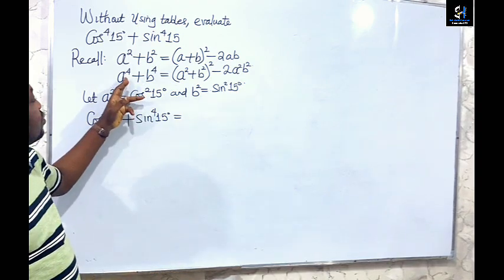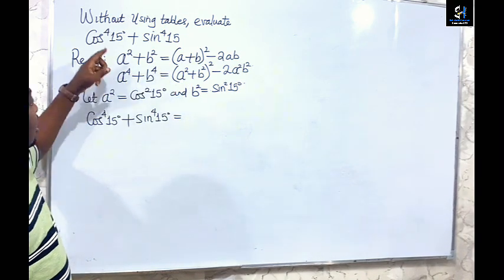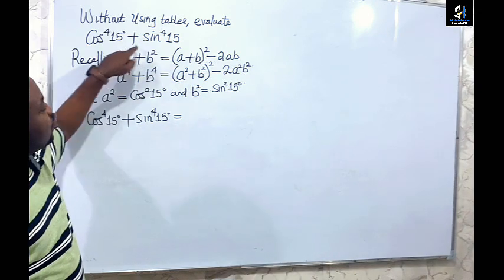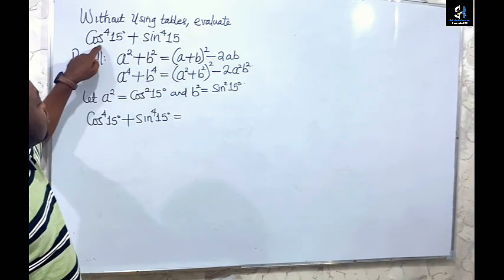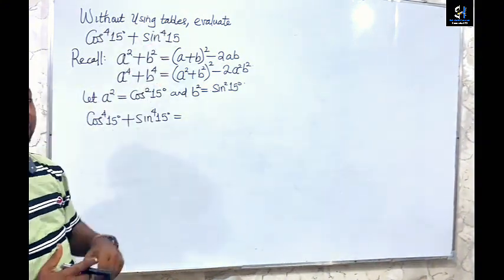Now we have a raised to the fourth power plus b raised to the fourth power, because we have the trig: cos 15 degrees raised to the power of 4 plus sine 15 degrees raised to the power of 4.